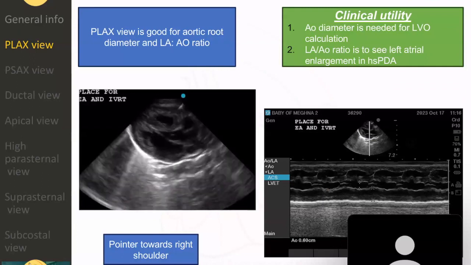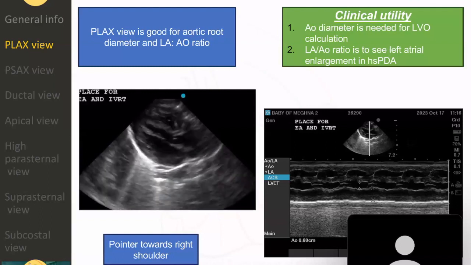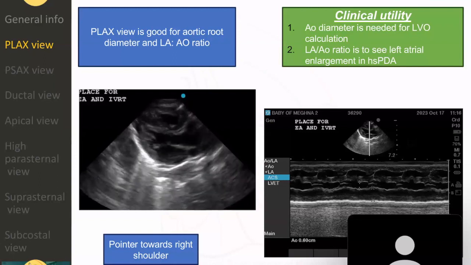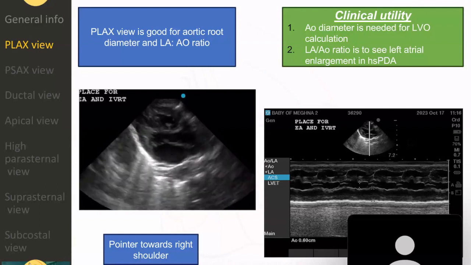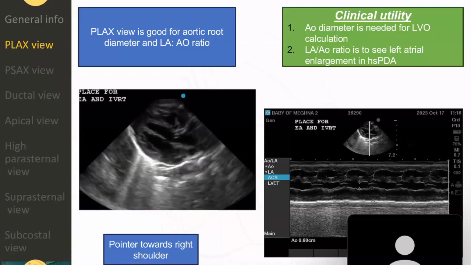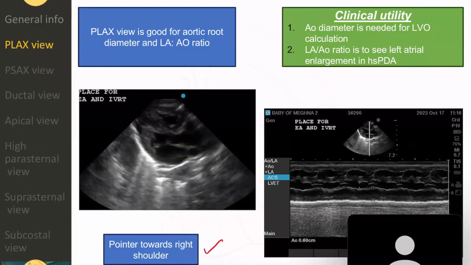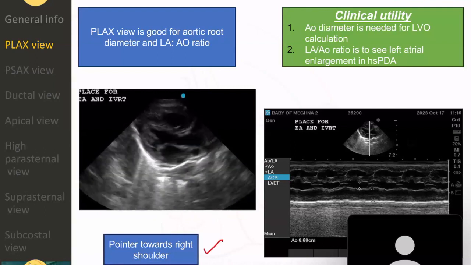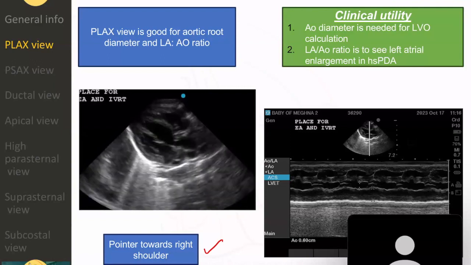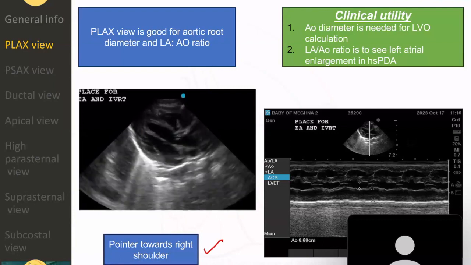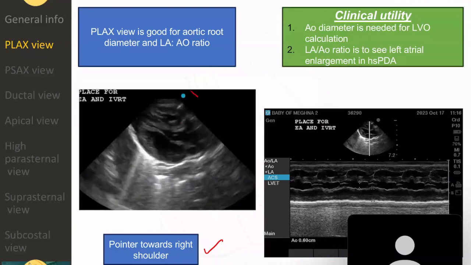Like the first view, we started from the parasternal long axis view. There will be a few repetitions here, because unless we keep intensifying or stressing something, it will not register. In the parasternal long axis view, usually the pointer is kept towards the right shoulder. Always remember that the pointer on the probe is towards the right shoulder, but on the screen your pointer is visible on the left side.